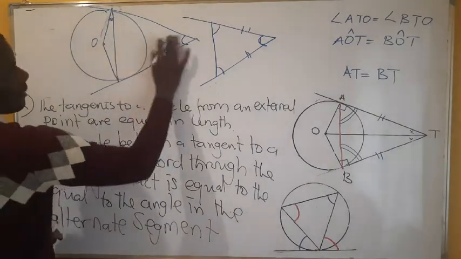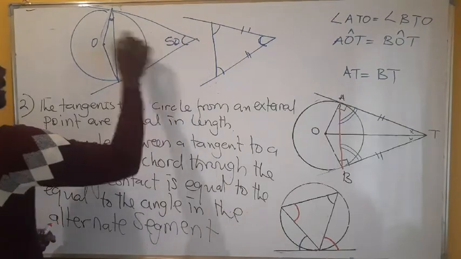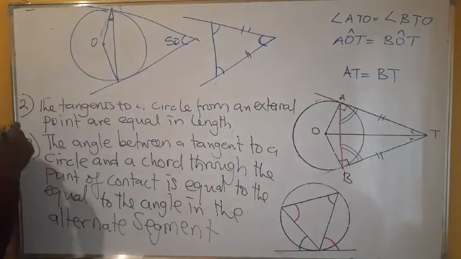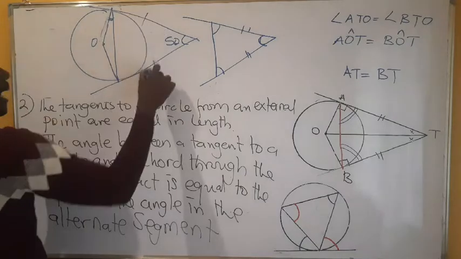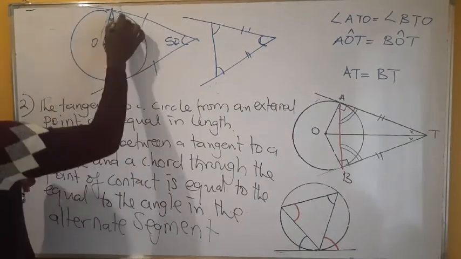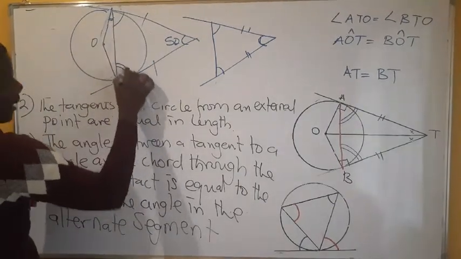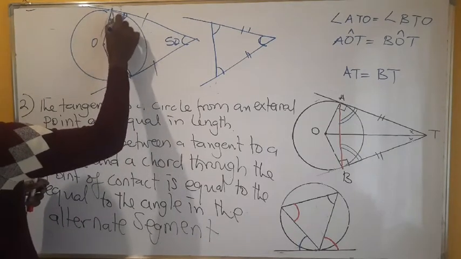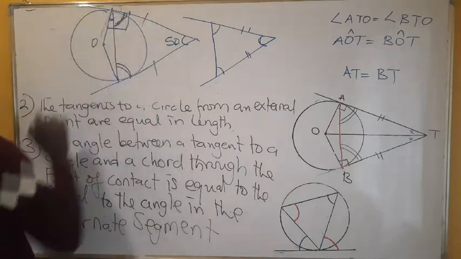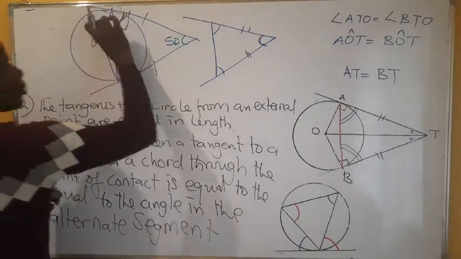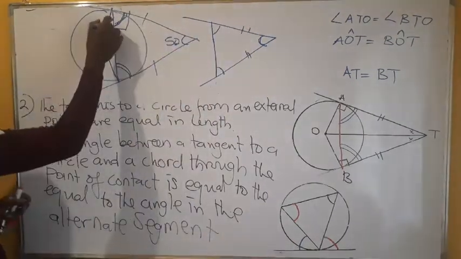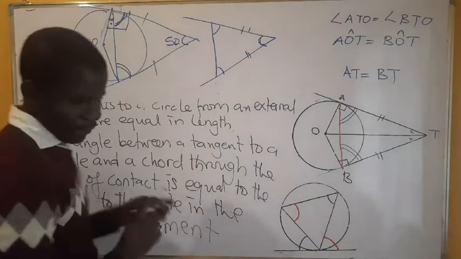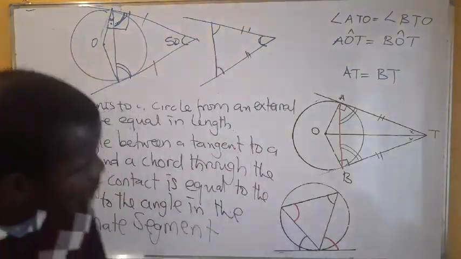You need to understand that if this is an isosceles triangle, it means this angle is equal to this one. So after you have found the size of this angle, you'll know that the whole angle is 90 degrees. So you're going to subtract this one from 90 degrees to know what is remaining here. Okay? So that is that about this second part.